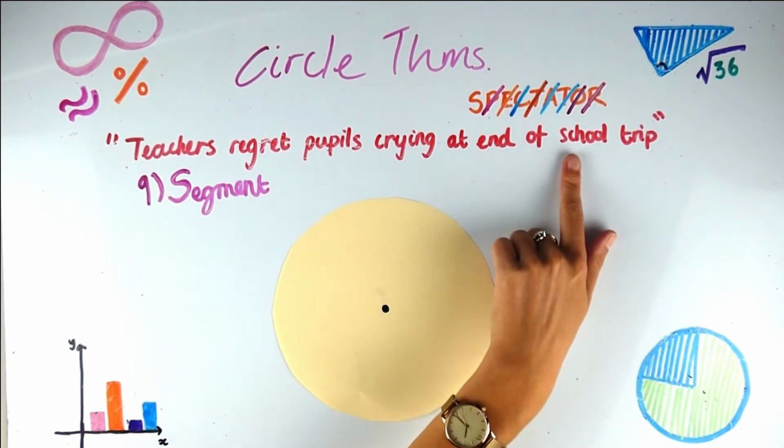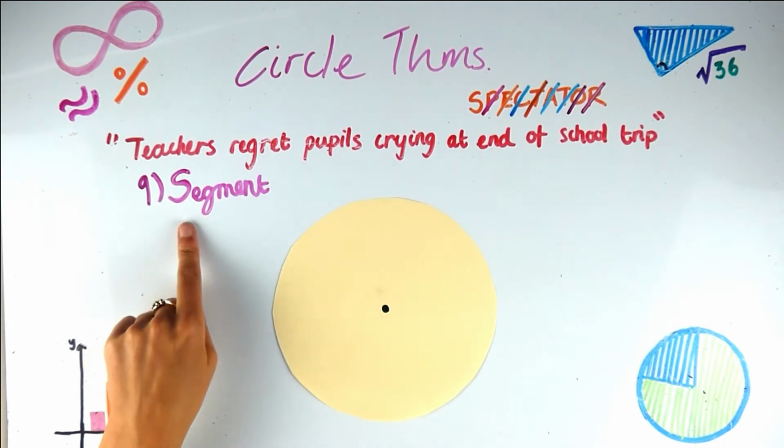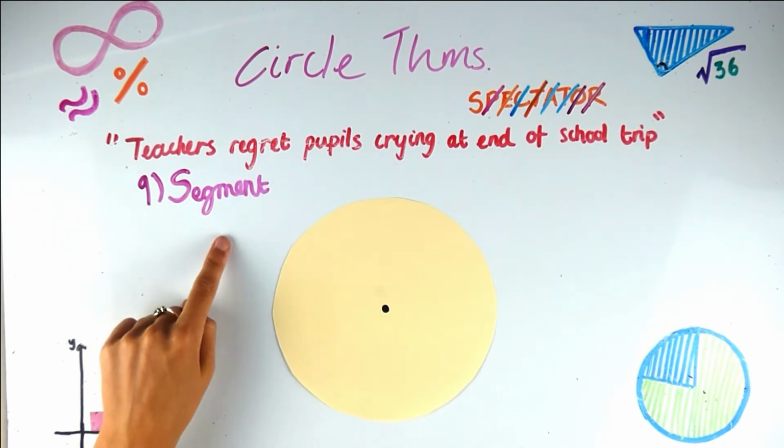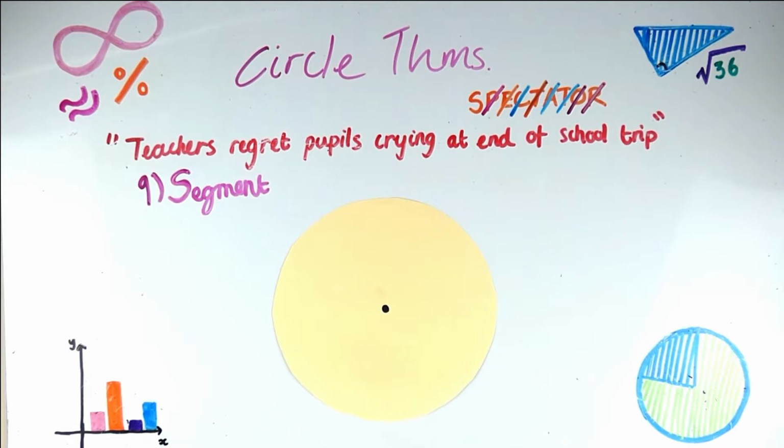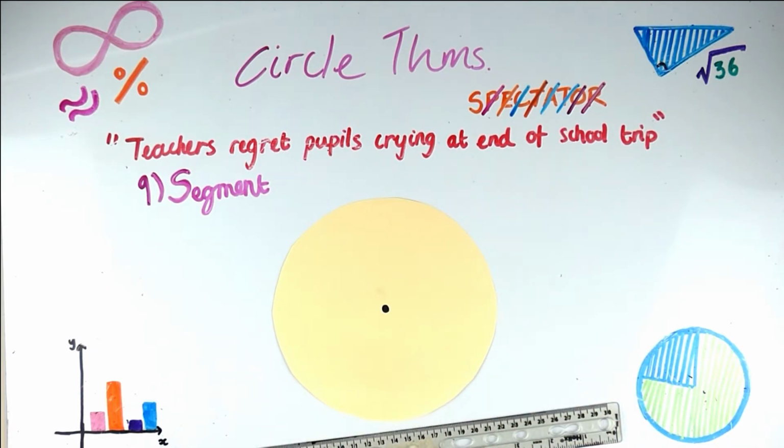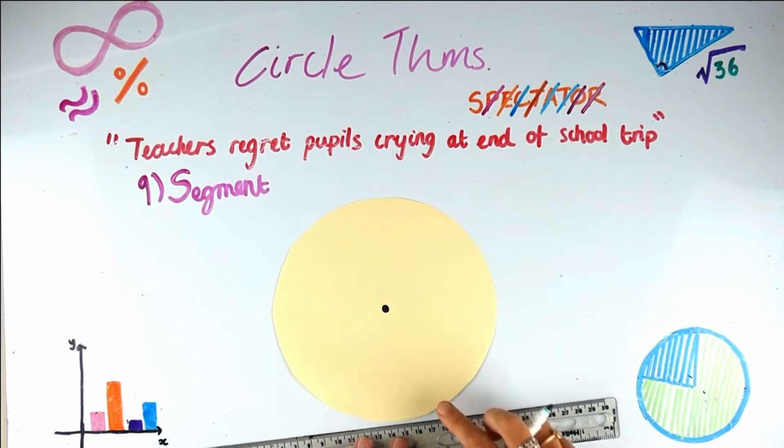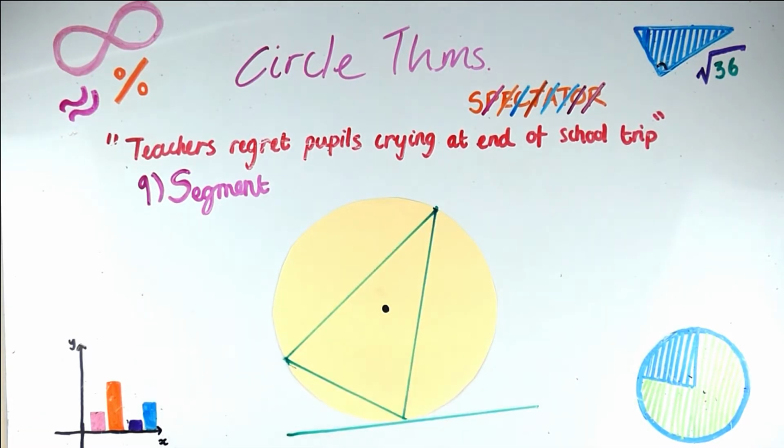So the S in school stands for S here, which I'm saying is segment, and this is the alternate segment theorem. This one I would say is probably the hardest. So what it is saying is, if I just draw a sketch, what this one states is the angle between the tangent and the chord.